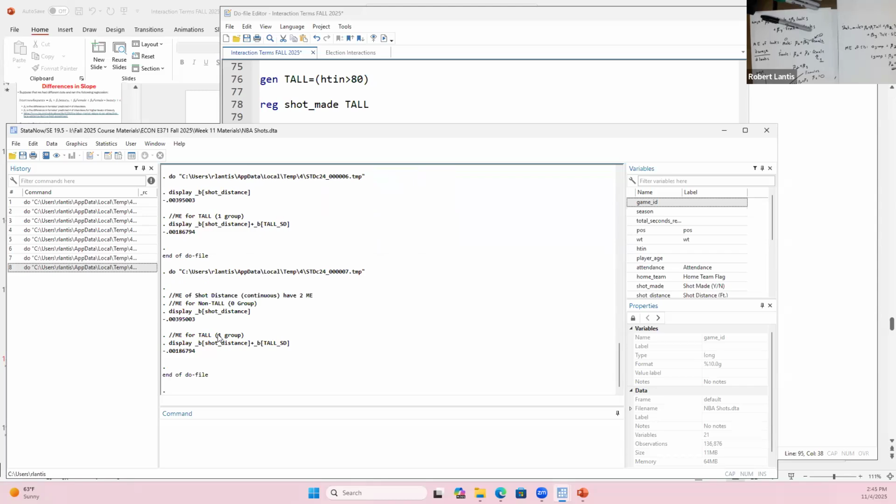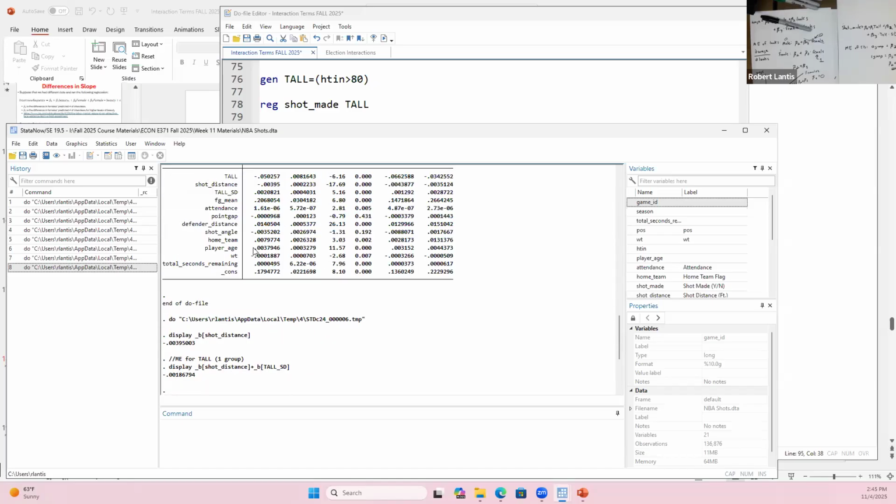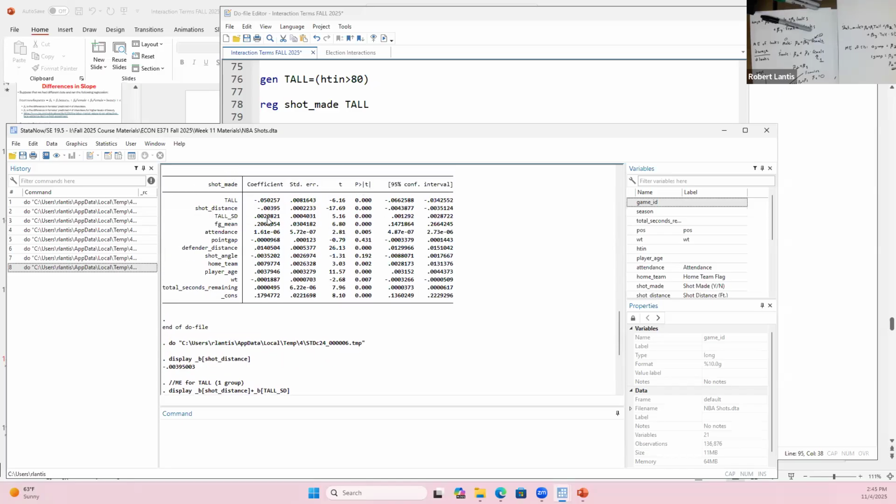So what must have been true about the coefficient on the interaction term here? If it was a smaller negative value, then the interaction coefficient must have been positive. If it was negative, when I added it in, it would be an even larger negative value. So here it must have been positive, about what? 0.002-ish. Sure enough, I go back. Oh, 0.002.